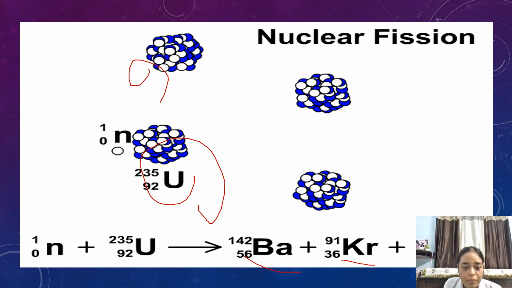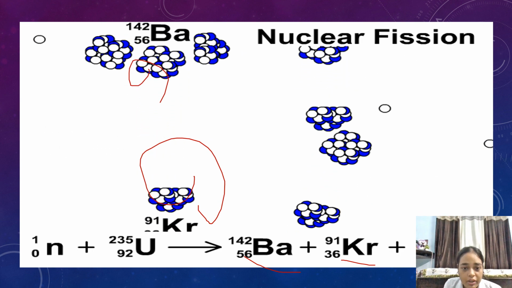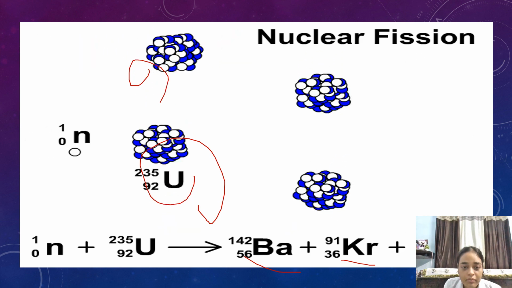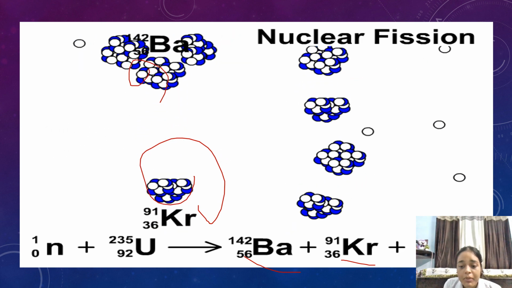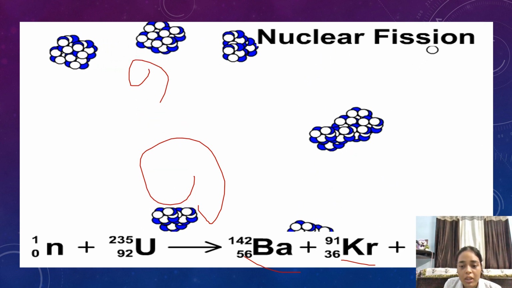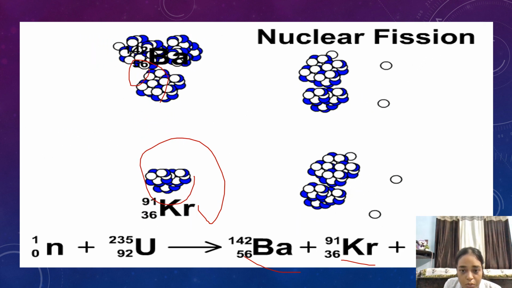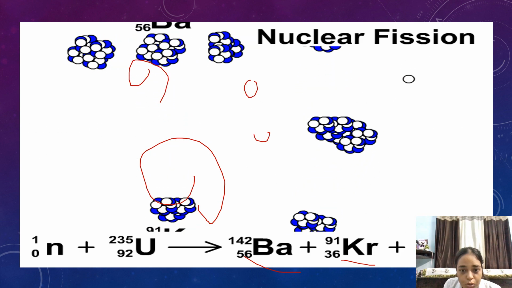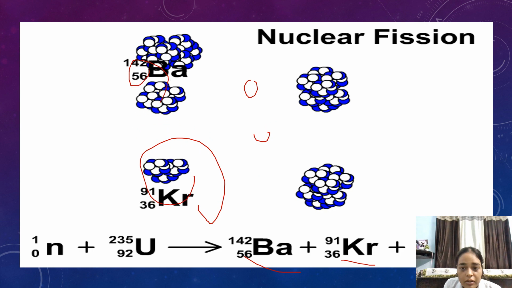Barium and krypton are moving in an upward and downward direction. Then barium, krypton plus some neutrons are formed. Two neutrons are released here, as you can see, one here and one here.